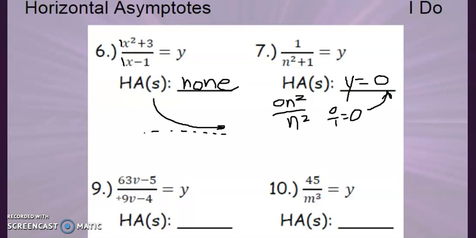Next, 63v minus 5 all over 9v minus 4. We divide 63 by 9. That's 7. y equals 7. And then the last one. It's another one where the denominator has a higher degree. So that's y equals 0.